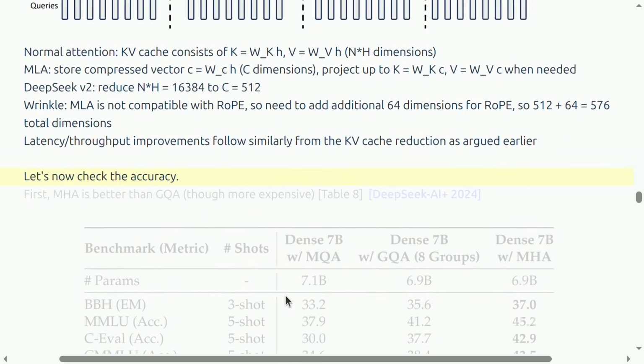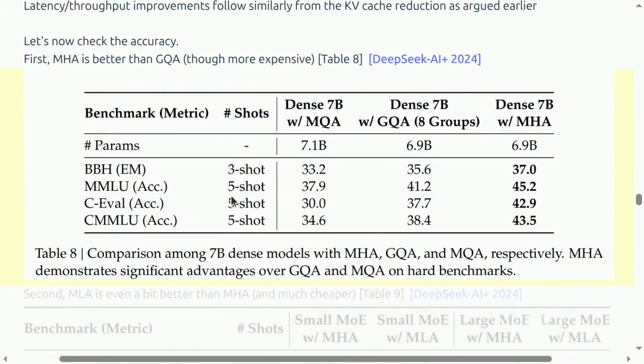And then remember, you need to check whether your model is accurate. So first of all, this is sort of the result that kind of contradicts or is in tension with the GQA paper. They show that GQA actually isn't that great. So this is MHA.